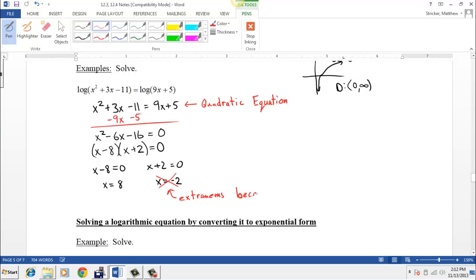Because on the right-hand side, the log of 9x plus 5 would become the log of negative 18 plus 5. If x is equal to negative 2, that's 9 times negative 2 is negative 18, which is the log of negative 13. You can verify that.